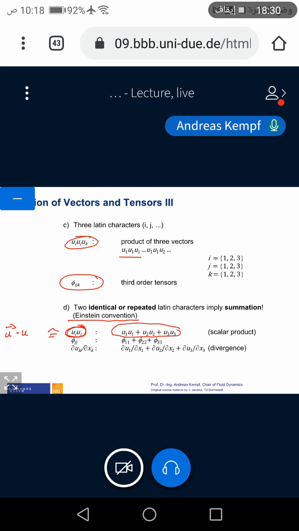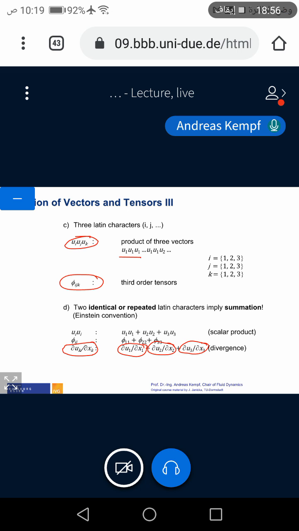And we can also apply this Einstein rule of summation to other operators. So in this case, we have del uk, del xk. So we have a velocity field and we look at its gradient. But this time, we look at something else, because we end up with del u1 del x1 plus del u2 del x2 plus del u3 del x3.